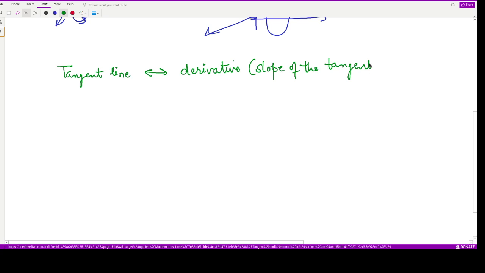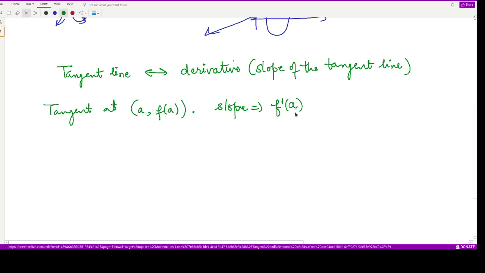Accordingly, if I want to calculate the tangent line at the point, say, a comma f of a, which is some point given to you, then its slope would be what? Its slope would be f dash of a.